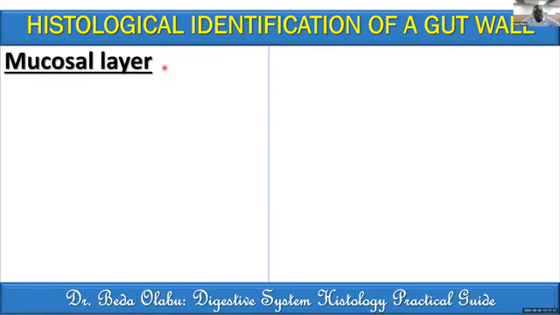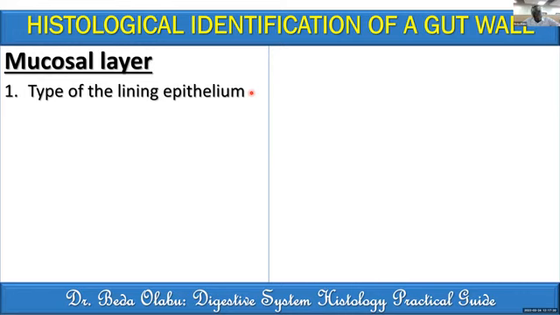In the mucosa, you need to check for a number of things. The type of epithelium will guide you. Remember, yes, most parts are simple columnar, but esophagus is stratified squamous non-keratinized, as well as the anus. The oral cavity may be that, or maybe masticatory epithelium.